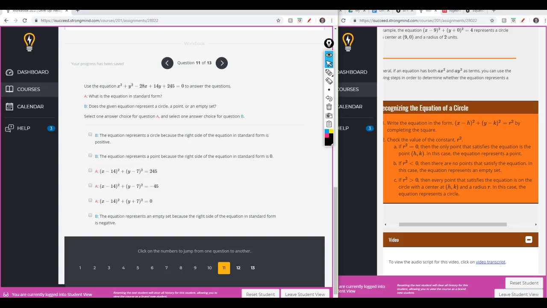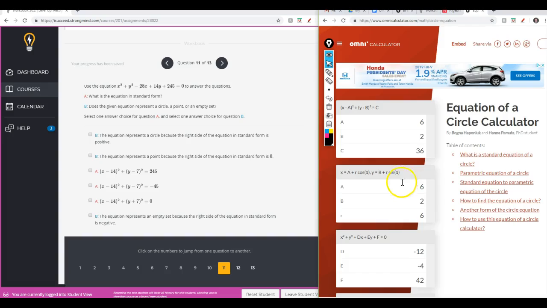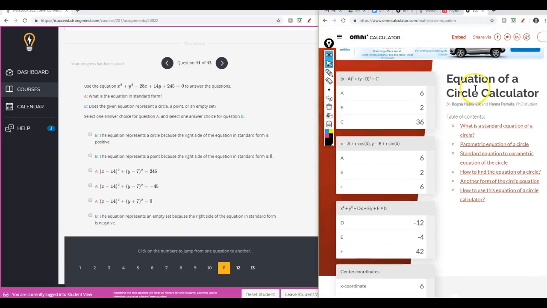Okay, so again I'm going to jump over here to this Omni calculator, and we have x squared plus y squared plus dx, and the number attached to the x is negative 28, so we have negative 28, plus ey, and the number attached to the y is 14, and then plus f, and the constant is 245.